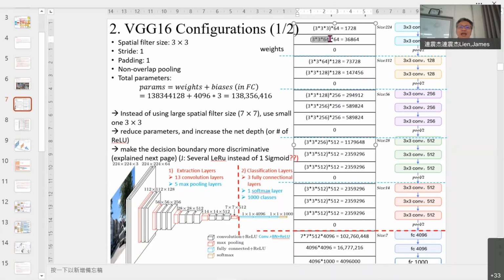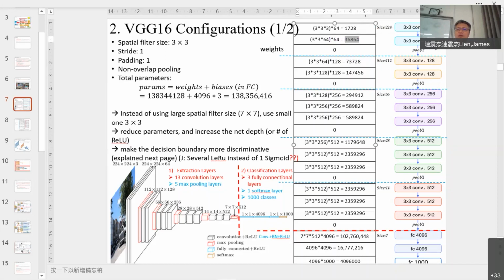So your filter size is 3 by 3 by 64 crossover channels. And then you total have 64 filters. So this is your total parameters. Okay. So this is the same.